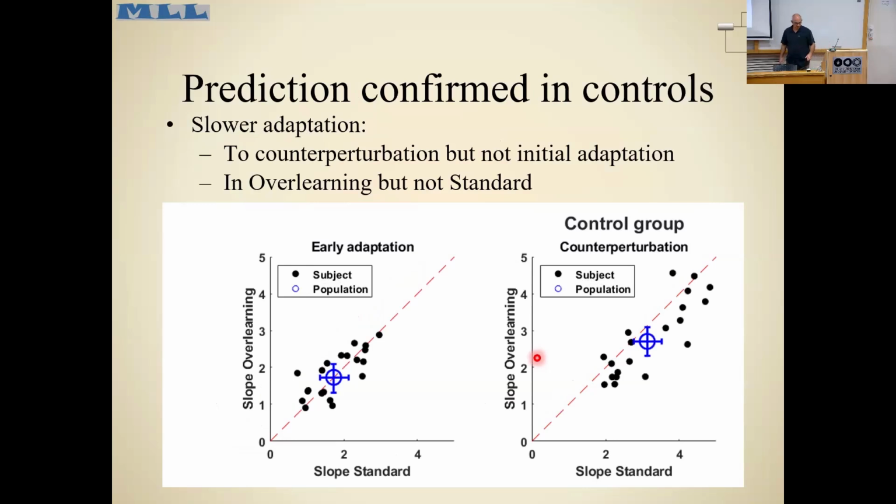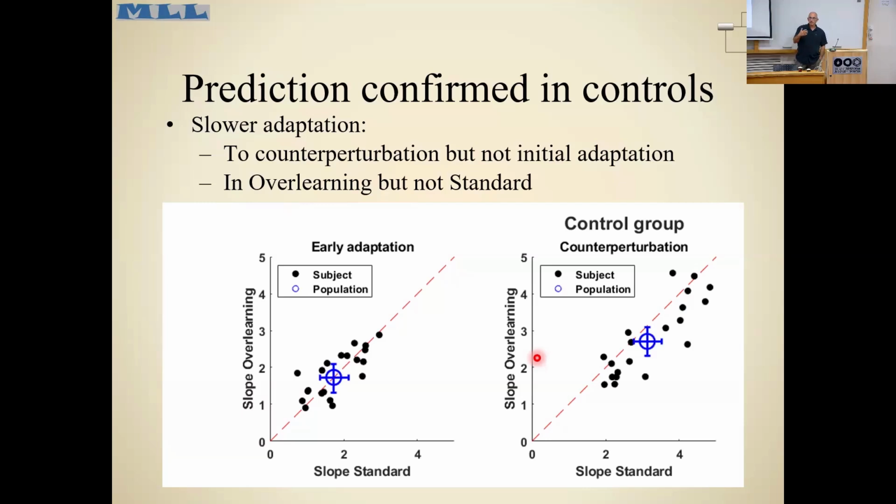So I thought that in the counter perturbation, you basically affect the fast process, right? Well, both processes are affected. If you look at this as a percentage of the overall rate of adaptation, it's not huge because people are really changing quite quickly there.